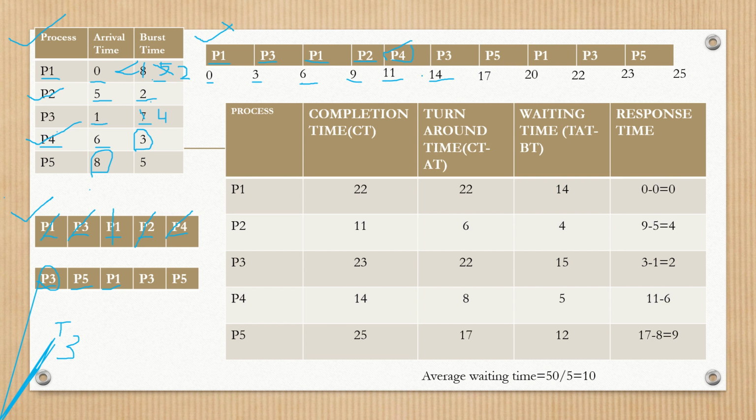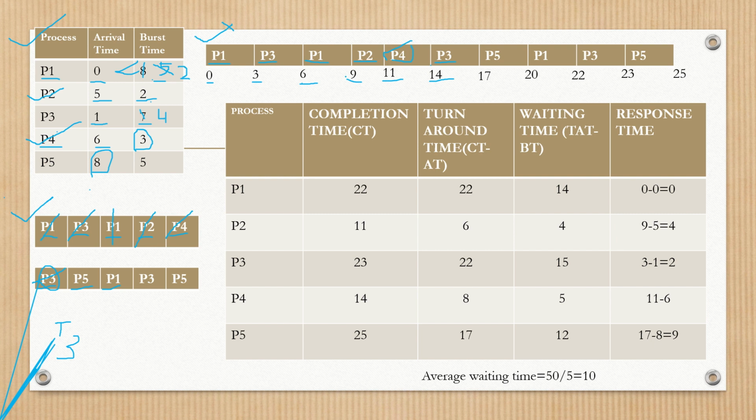So at time 14, which is the process in the ready queue? P3. So P3 is removed from the ready queue and allocated to the CPU at time 14. Coming back to here, P3's burst time is 4.